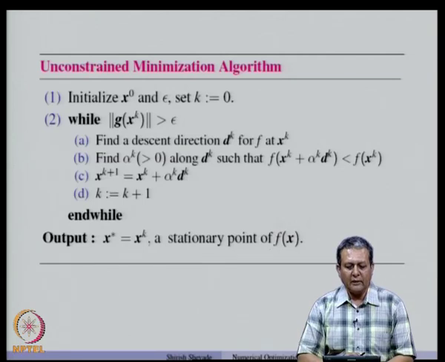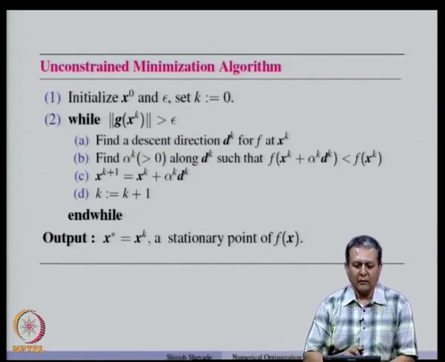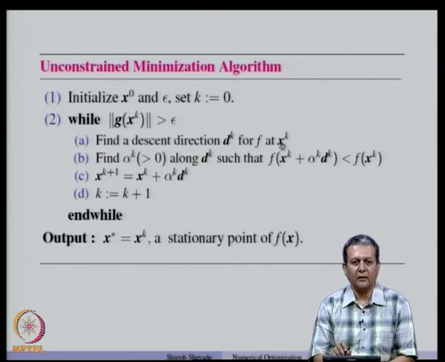So, now we have revised our algorithm. Earlier we had said: find x k plus 1 such that f of x k plus 1 is less than f of x k. Now, instead the first step will be to find a descent direction d k for f at x k, and this descent direction is such that g k transpose d k is less than 0.